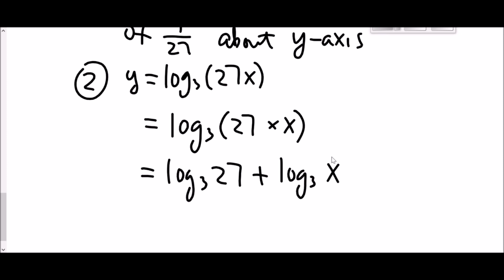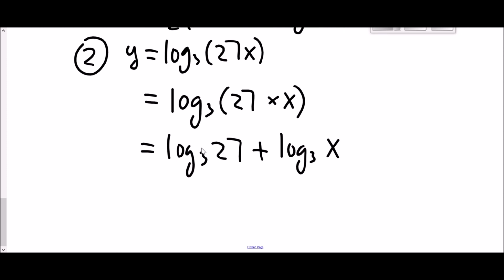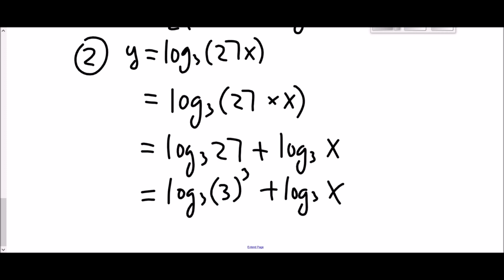Now, if you look at this, we can simplify this a bit further. Hopefully, you can see a relationship between 3 and 27. So we can write 27 as 3 raised to the power of 3, right? So this would cancel out. So that means the final simplified form is 3 plus log base 3 of x.